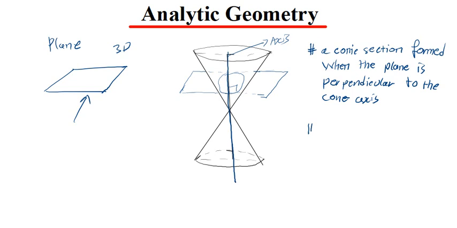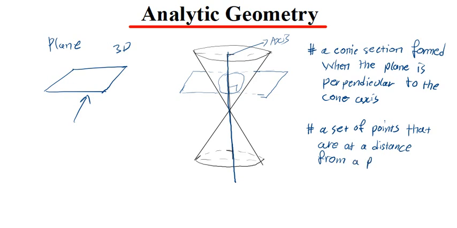Another definition that you can have is that a circle is just a set of points that are at a distance from a fixed point called the center.